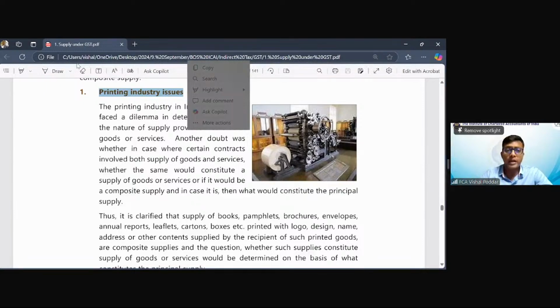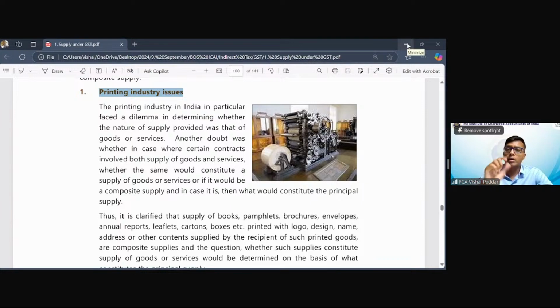Because in that case, my intention is mainly to buy the goods, that is the tissue paper or the box. Yes, the printing of my logo, etc., is the smaller item in the whole supply.